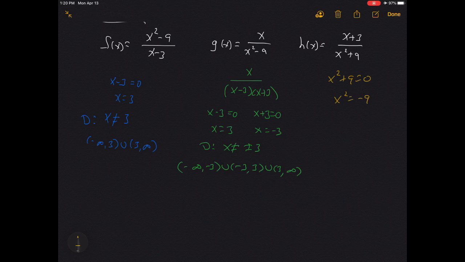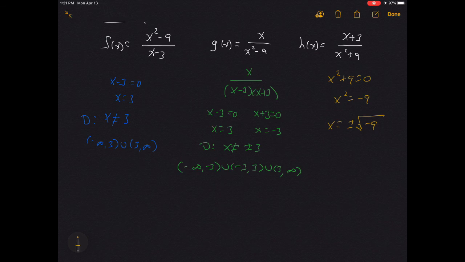And the problem with that is, if I take the square root of the left, I get x. If I take the square root of the right side, I would get the plus or minus square root of negative 9. Square root of negative 9 is something which is not a real number. Therefore, nothing makes this denominator 0. So there are no values that I can plug into x to make it 0.